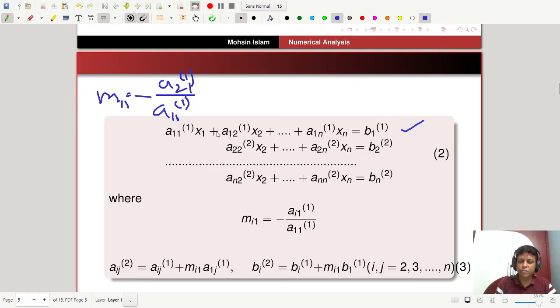If you apply this multiplier to the second equation, x1 will be eliminated. Similarly, what is the multiplier for the third equation?